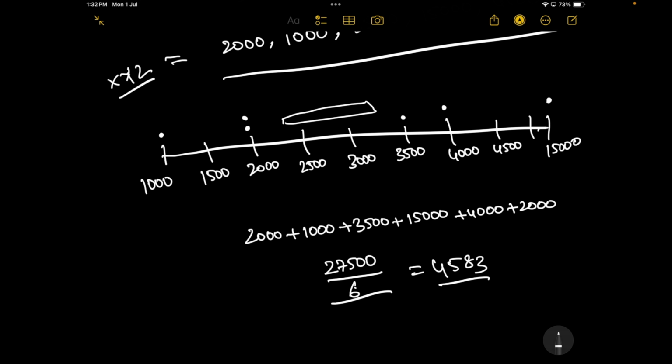That means it was staying here. So this is the tendency for the mean.